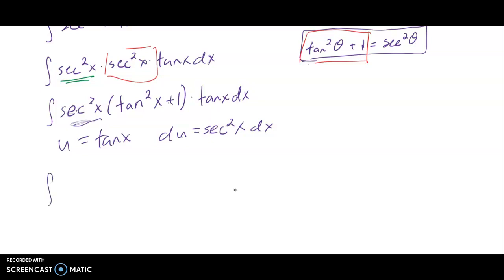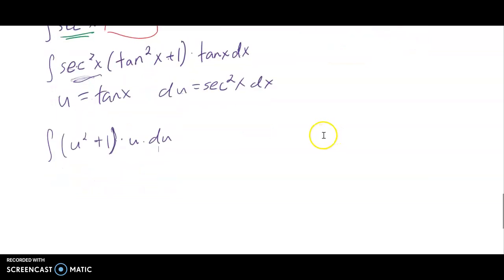So what am I going to get? I'm going to get the integral of, open parentheses, u squared plus 1, that's this with the tan just replaced with a u, times u, because that's a tan, times my du.